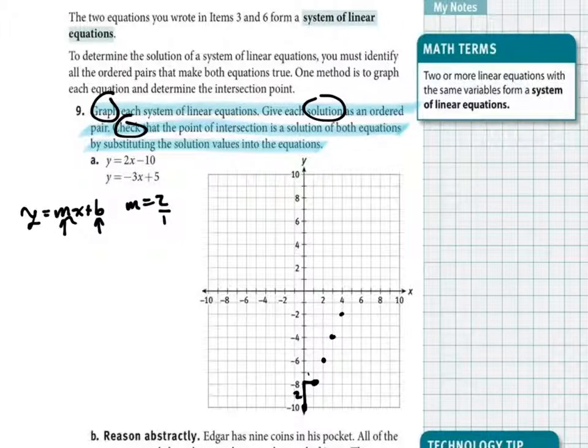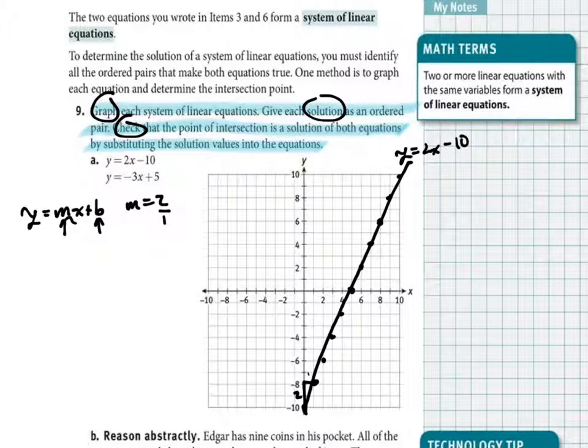Most of the time you don't have to do the whole length of the graph, but since we're trying to find where the lines intersect for the system of equations, I recommend doing the whole graph. So I do the points all the way, and then I connect the points. That's the first equation, y equals 2x minus 10.